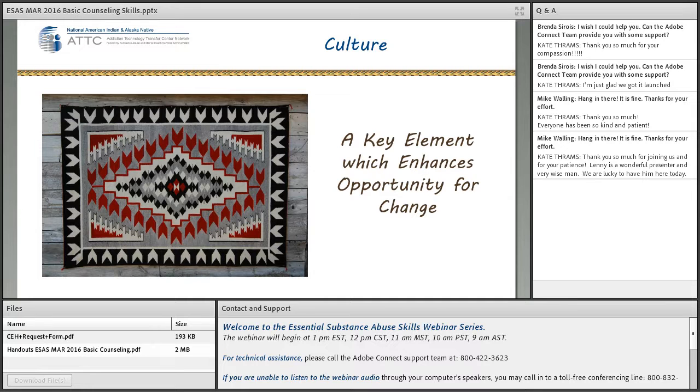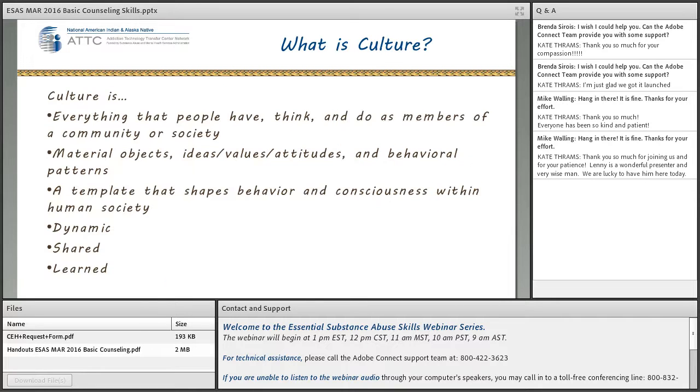When we talk about culture, it's a key element which enhances opportunity for change. What is culture? Culture is everything that people have, think, and do as members of a community or a society.